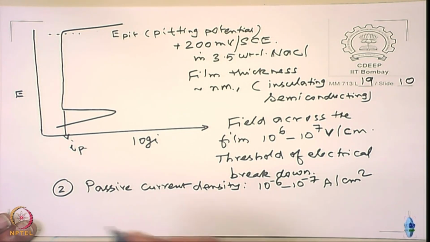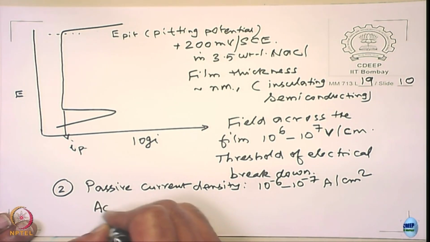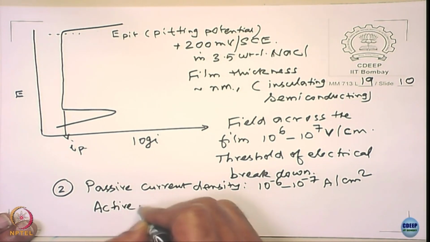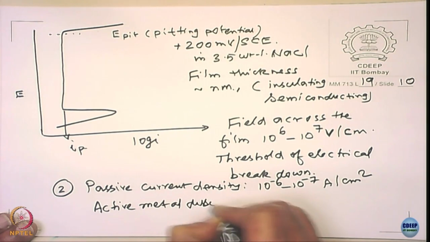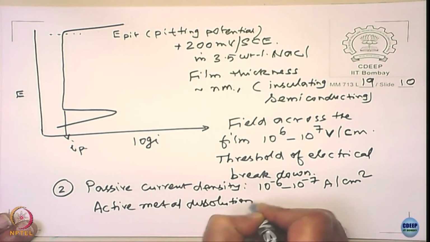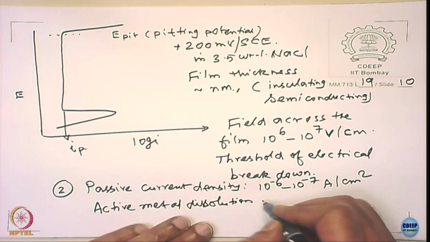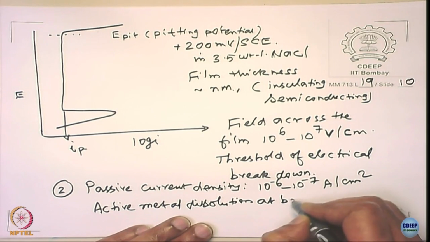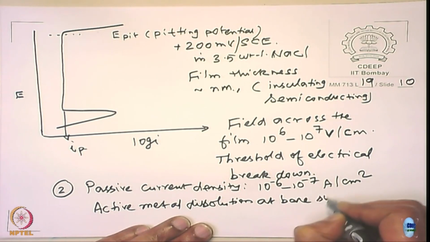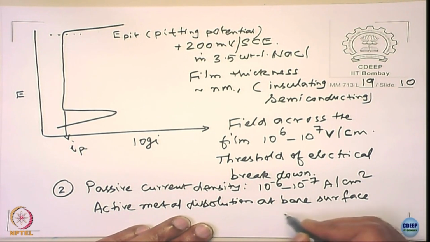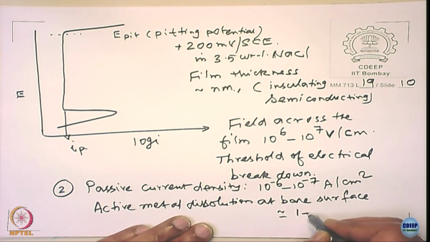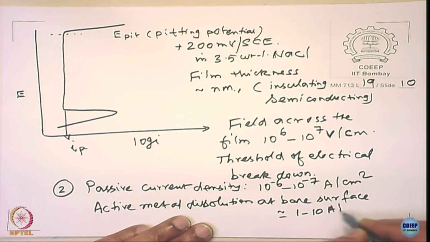But if you look at the active metal dissolution at the bare surface, it is about 1 to 10 amperes per centimeter square.